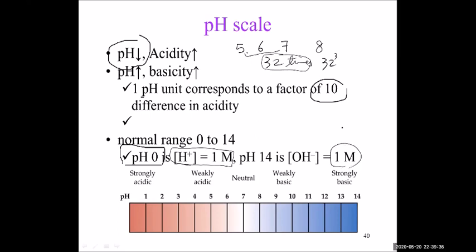The Drano concentration is 2.5, as I mentioned before, which makes it a very strong base. And if you buy the acidic cleaning agent from the store, its pH is actually below 0, it's negative. It's very, very acidic. So that's about the pH scale.